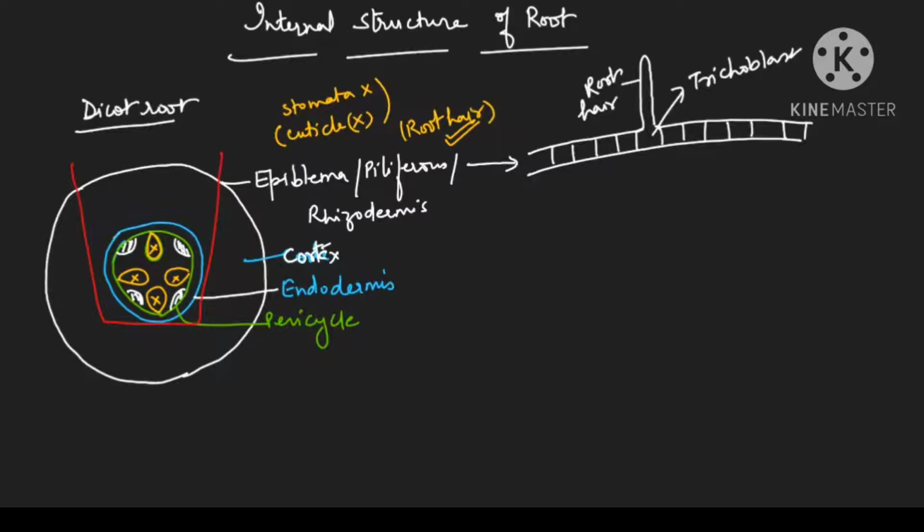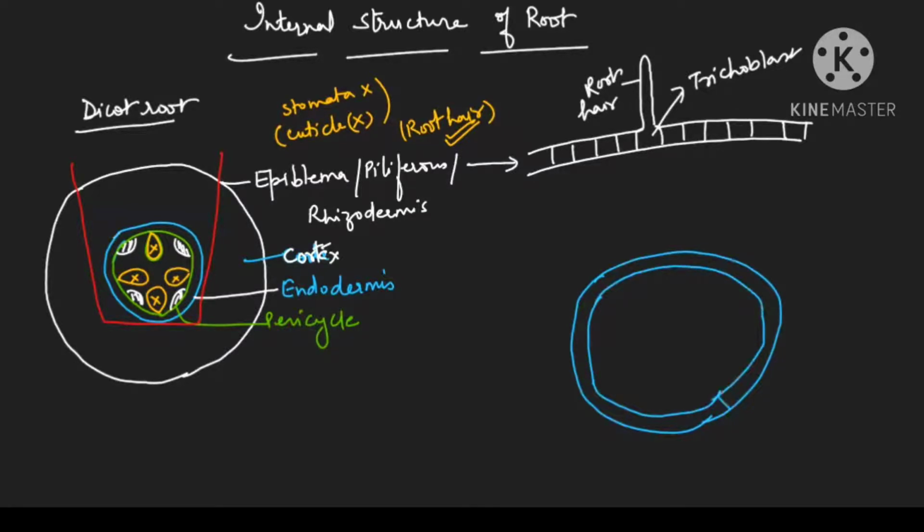Is it clear? Next, I am drawing the labeling of the endodermis in a circle. This is endodermis. We have to draw it in a circle because we are studying the complete structure. These are the endodermal cells which I am drawing.